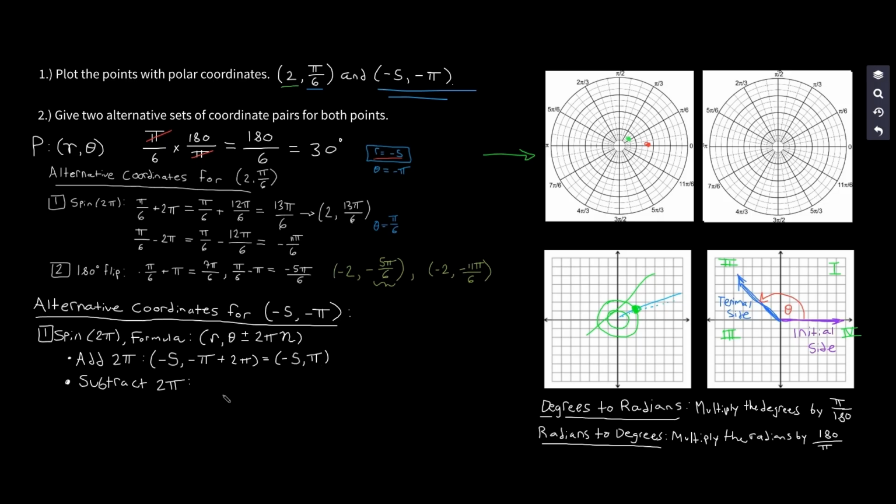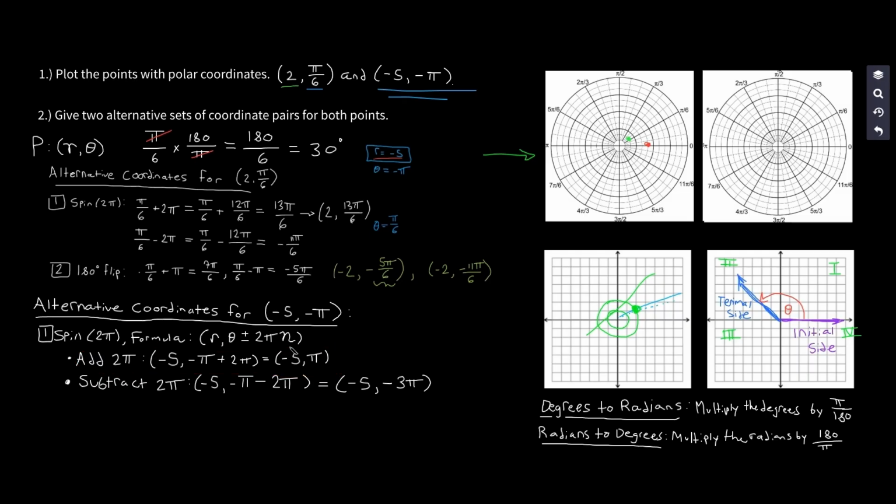If we subtract 2 pi, we keep -5, and then -pi minus 2 pi is -3 pi. So our result will be -5, -3 pi.